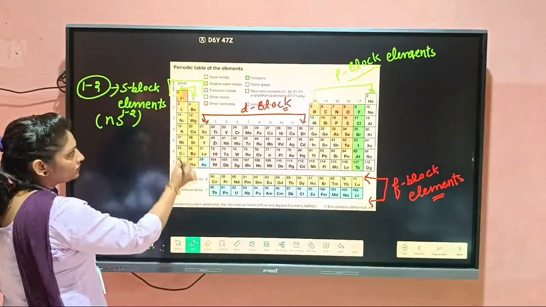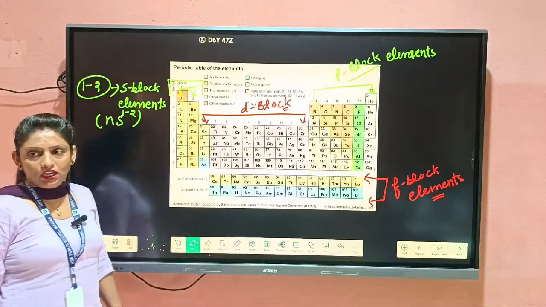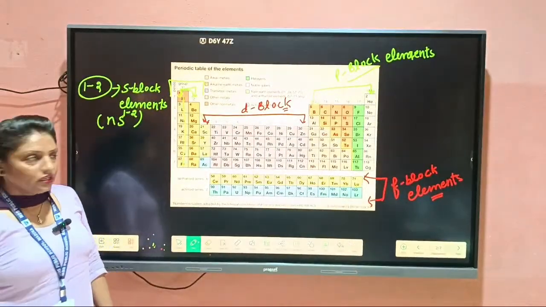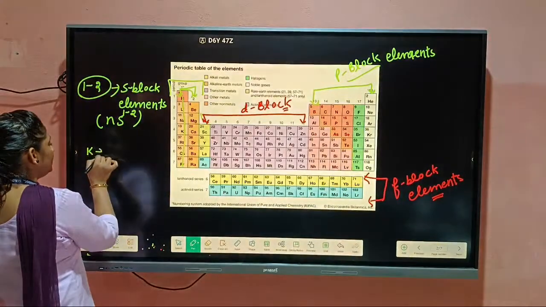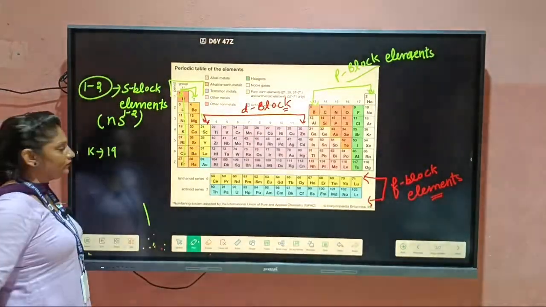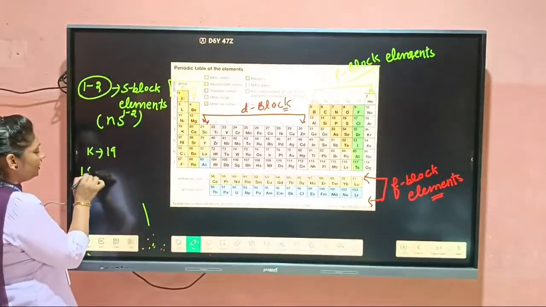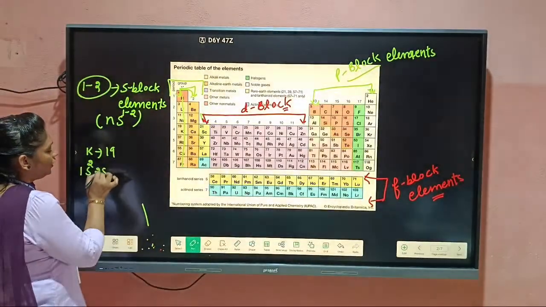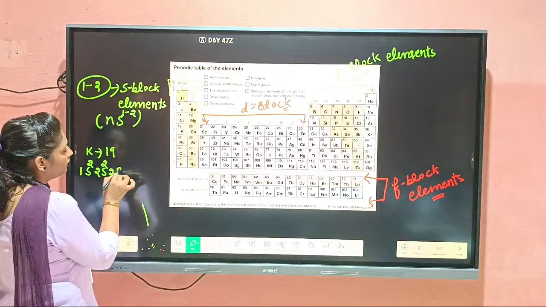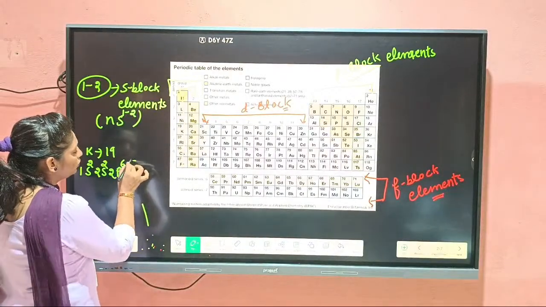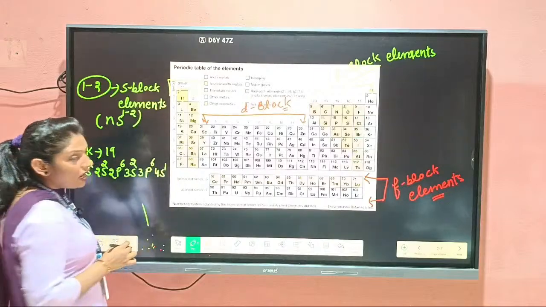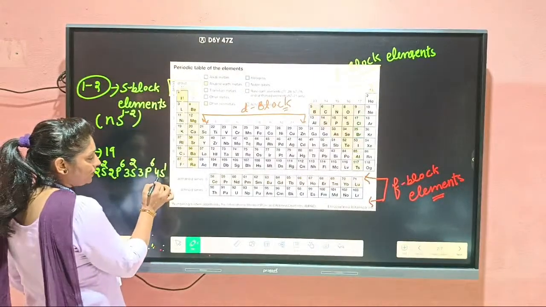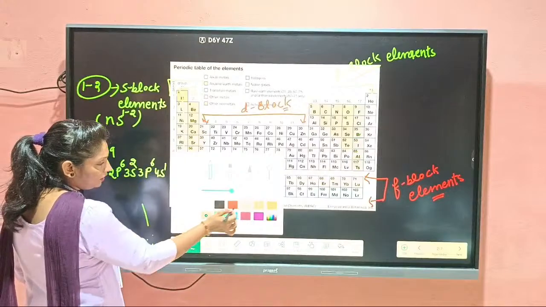Group first elements have one electron in the S orbital. For example, the configuration for potassium is 1s2, 2s2, 2p6, 3s2, 3p6, 4s1, because the outermost electron is present in the S orbital.